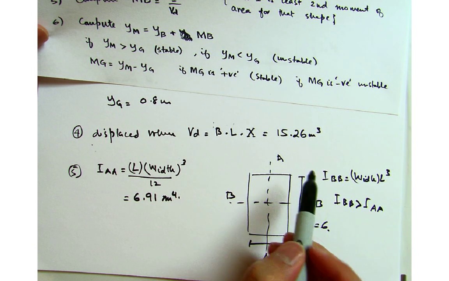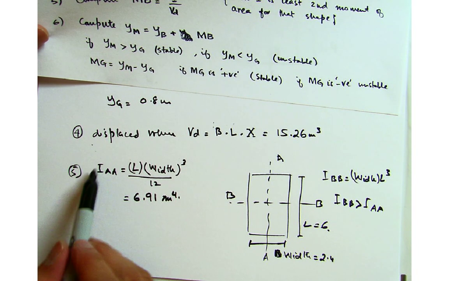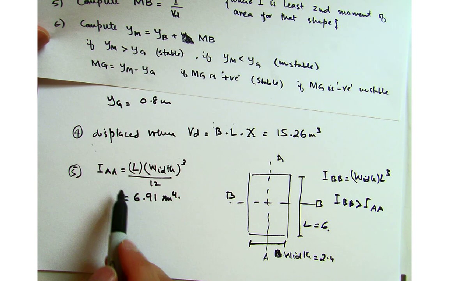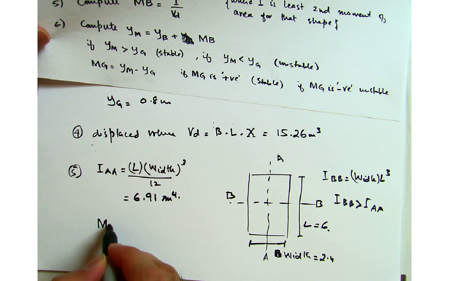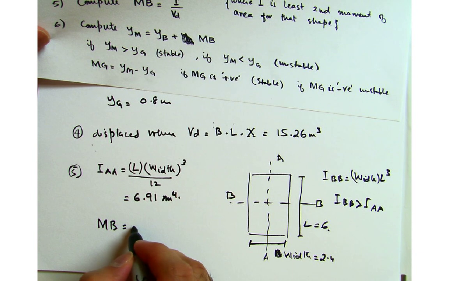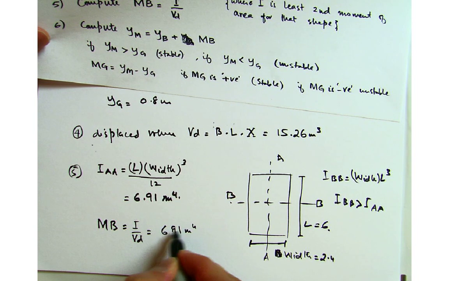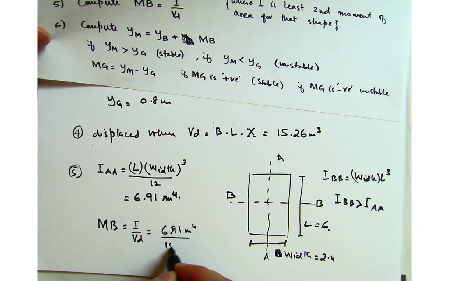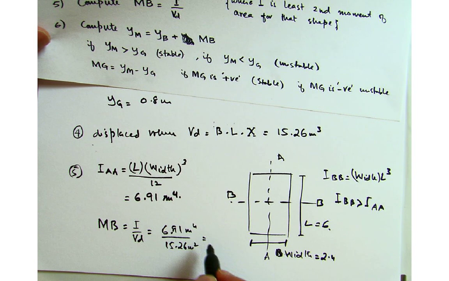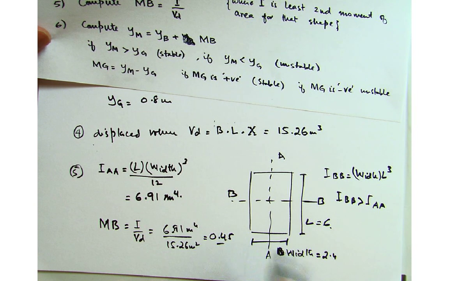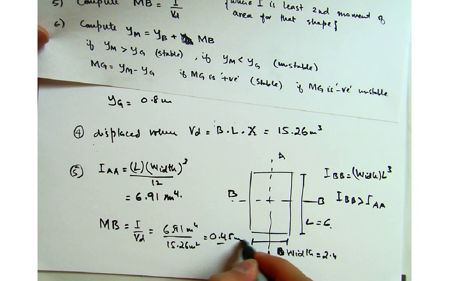So we have to take the least second moment of area, so that's why I'm going to pick this quantity, and then I'm going to find my MB, which is I over VD, and then 6.91 meter to the 4 divided by 15.26 meter cube, and that gives me 0.45. Okay, so this gives me 0.45 meters.